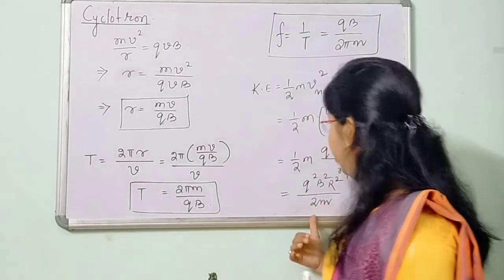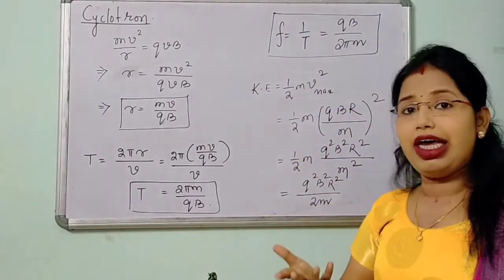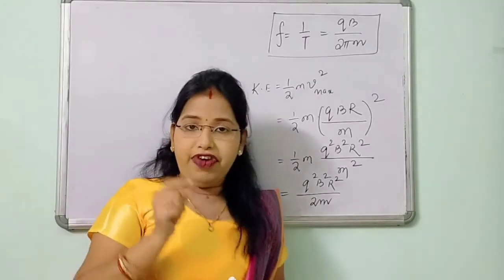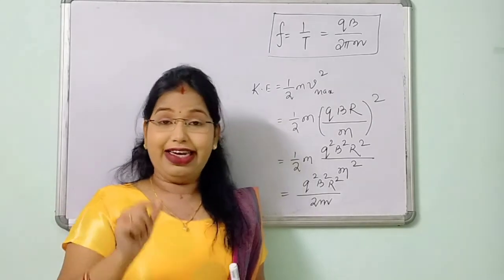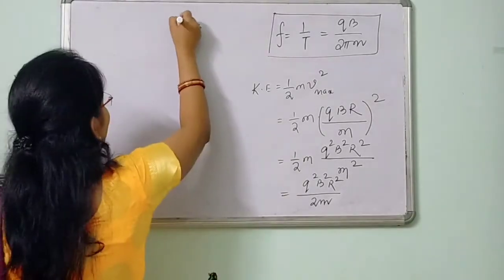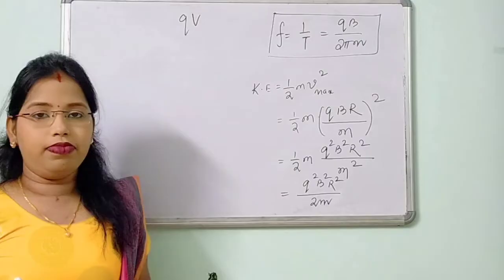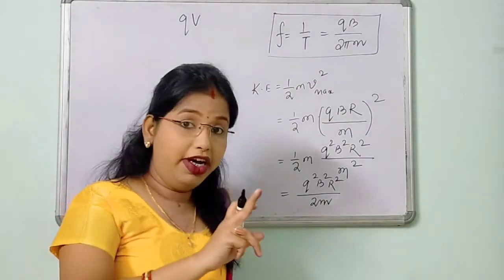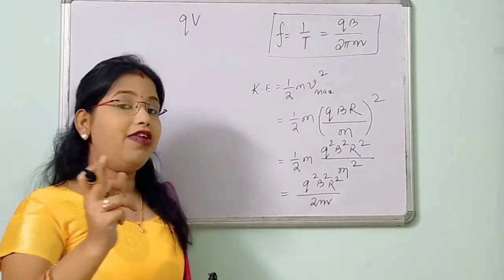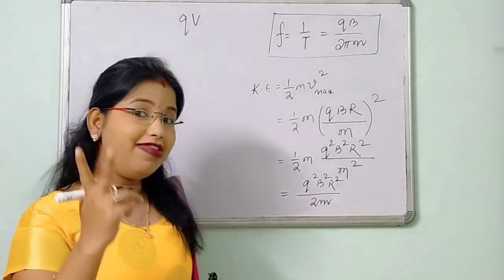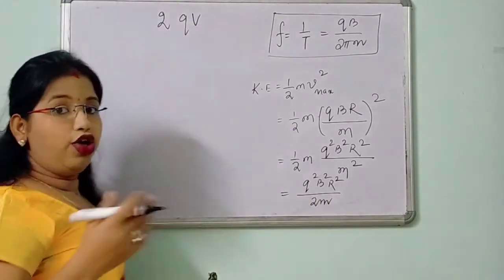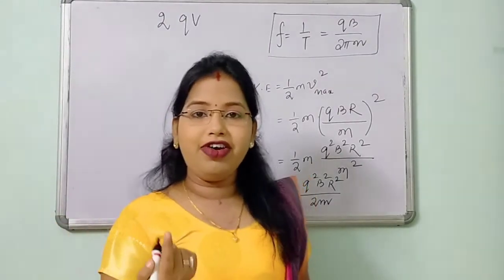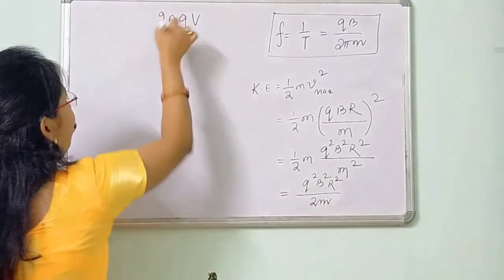We can also define this kinetic energy in another way. When the charged particle crosses the gap between the two Ds, it gains kinetic energy qV. During one complete rotation, the charged particle has to cross the gap between the Ds twice, so its kinetic energy becomes 2qV. For n complete rotations, it will be 2nqV.